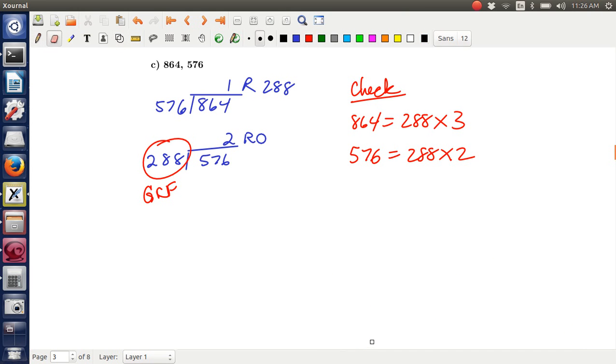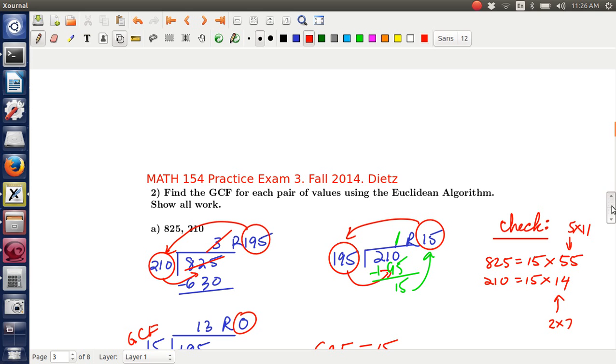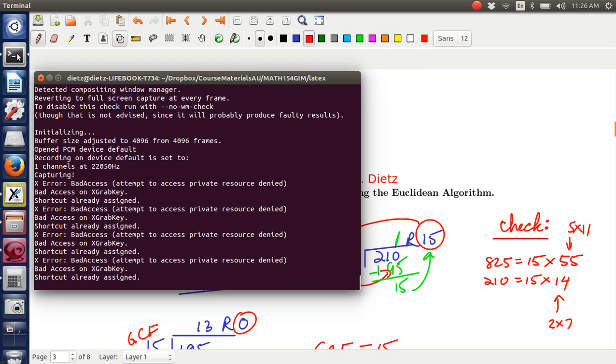There's nothing else to check. We know that 2 and 3 have no common factors for sure, and so we conclude that we've done all this correctly. Now I just have to figure out how to turn this off.